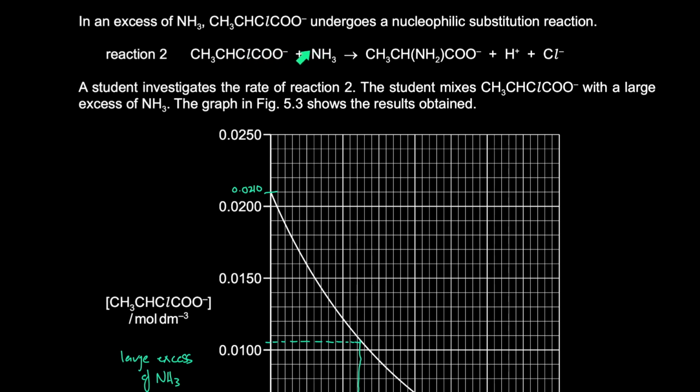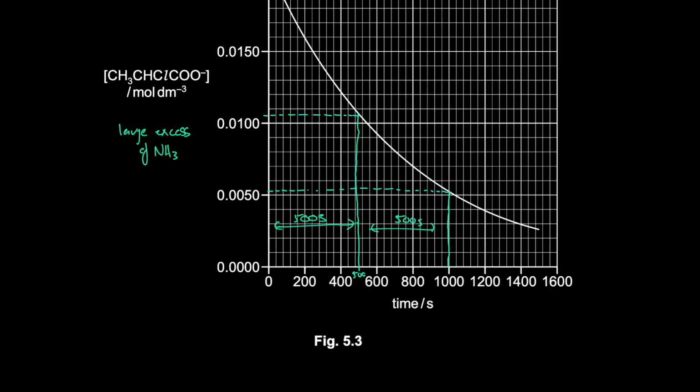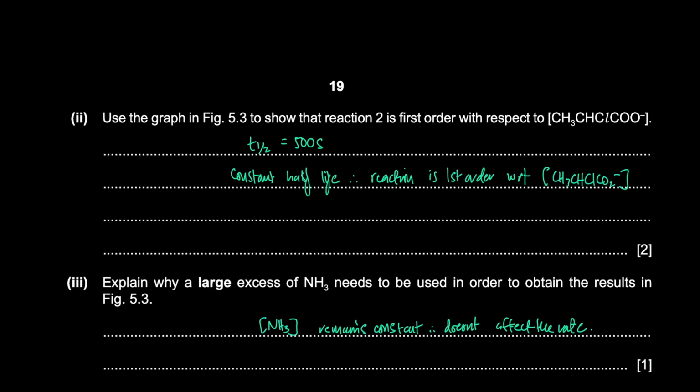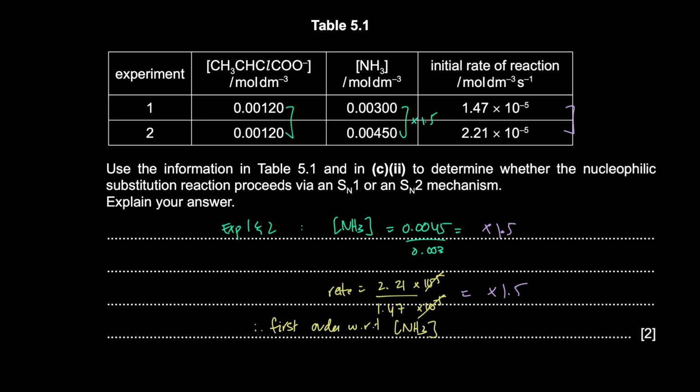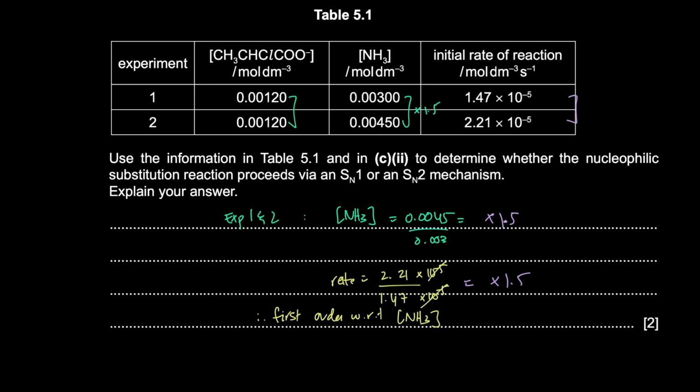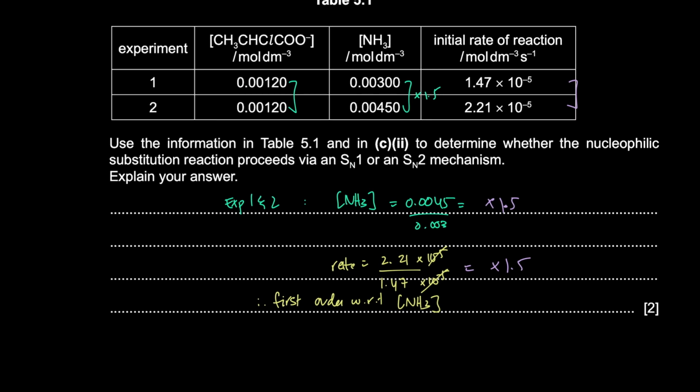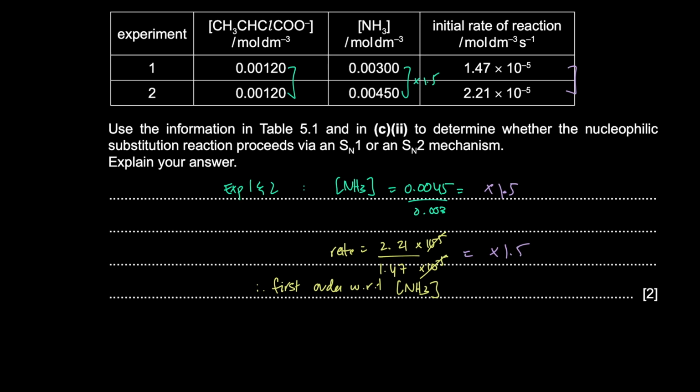So they both react. The heterolytic fission and the attack of the nucleophile both take place in the same step. So what type of reaction is that? Where you have a one-step mechanism, where the concentrations of both affect the rate. This would be an SN2 mechanism.